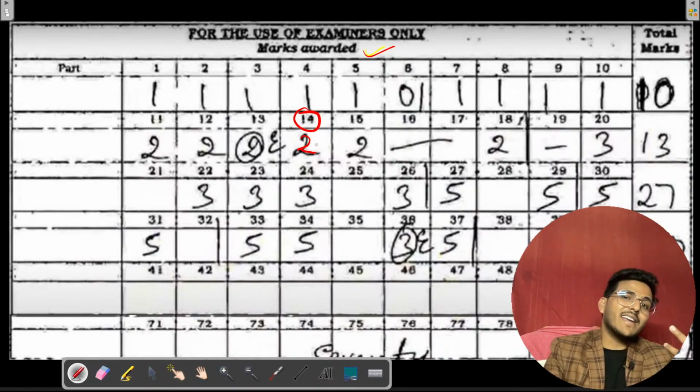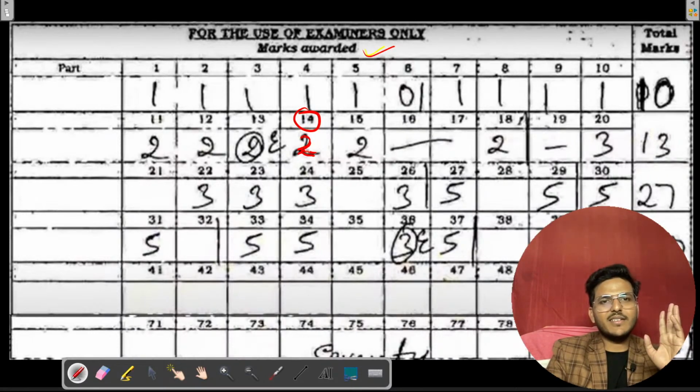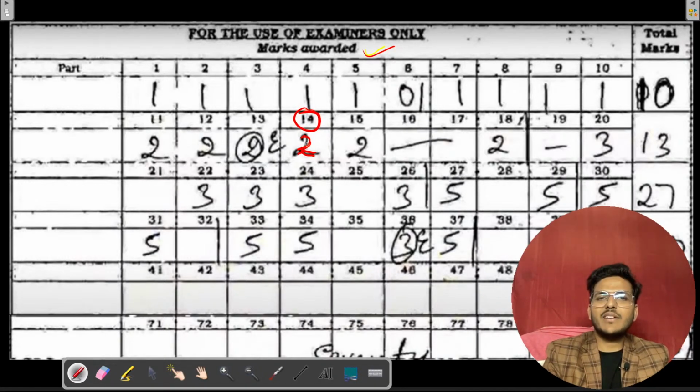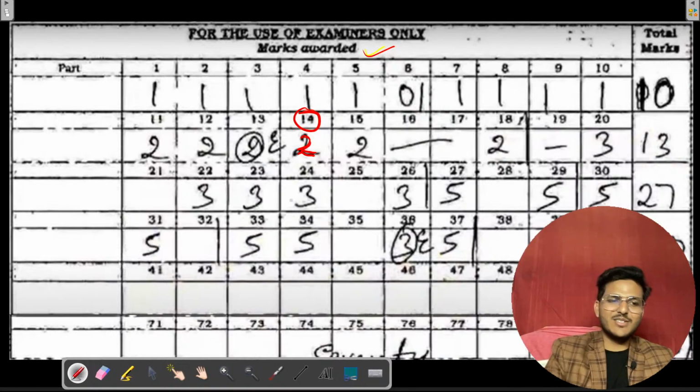And again the same question you are repeating, then they check, but when they come to your front page, they see it's already filled. It's already filled means you are repeating that question. So it's your failure, right? It's your failure.